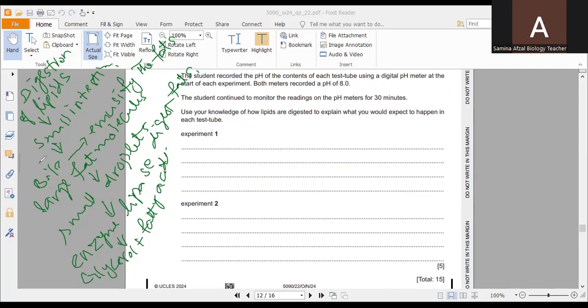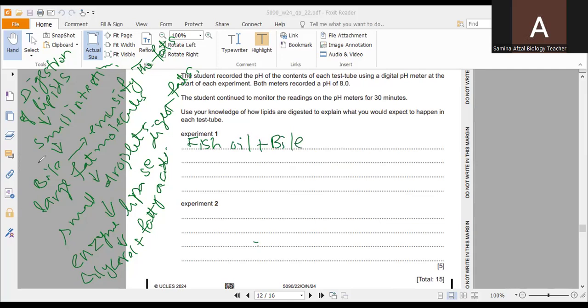So what happened in experiment 1? In experiment 1, there was fish oil plus bile.